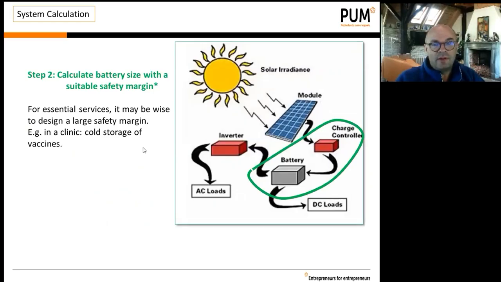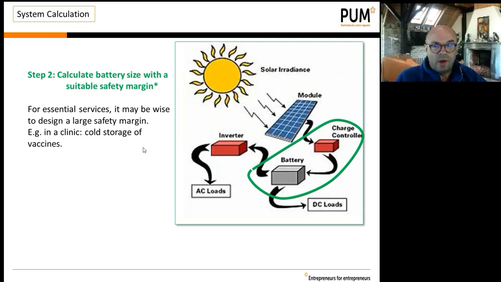Where you start is the battery size: how big the battery is and how many batteries you need for the energy you require.